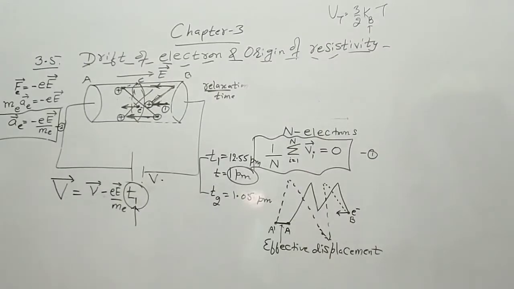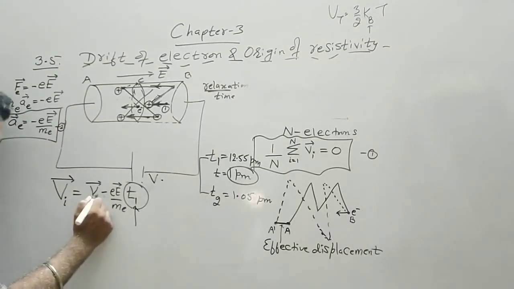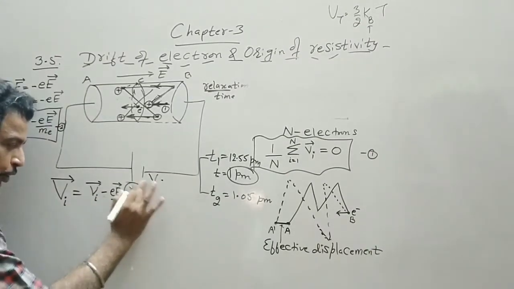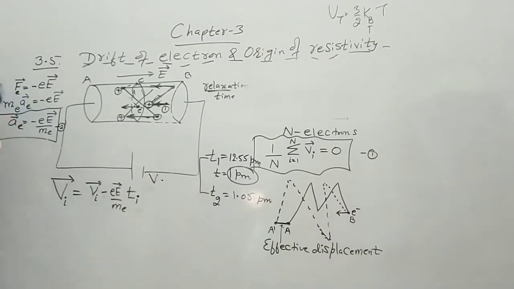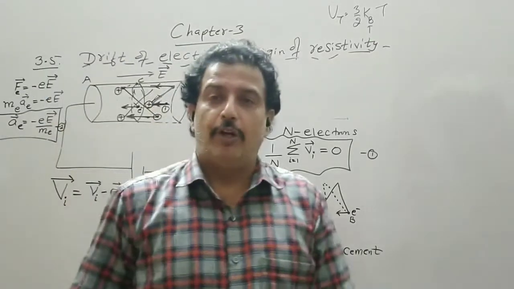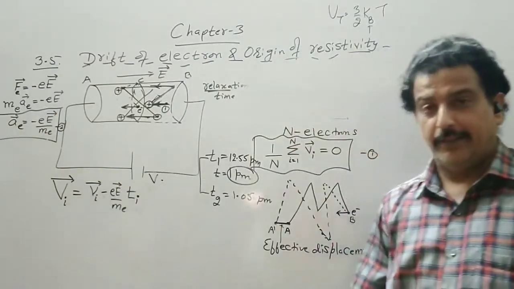This is the time interval between two consecutive collisions. So if there are n number of electrons, let us say this is the ith particle. So instead of 1, 2, 3, I put i, where i is running from 1 to n.